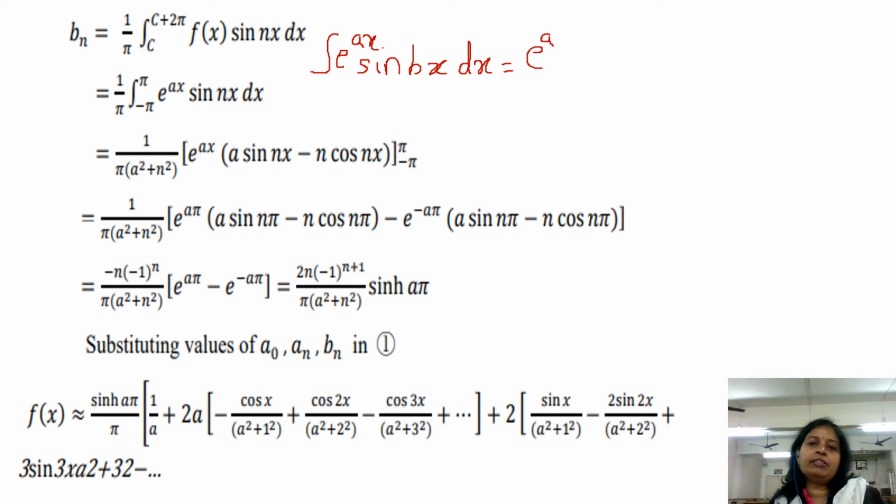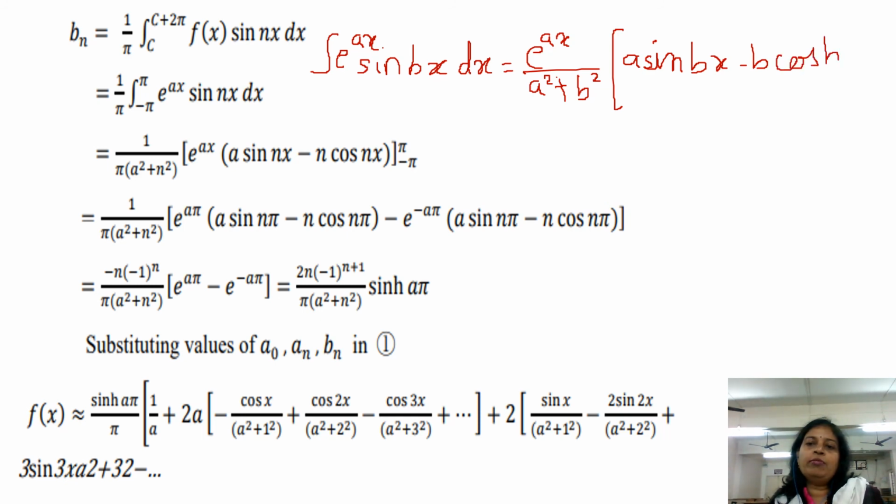E to the power of ax upon a square plus b square, and in the bracket will come, how to remember this formula: a will come first, a sin bx as it is, and since sin is there before the second term, minus sign will come, and minus b cos bx.